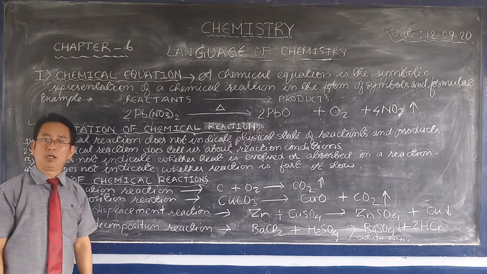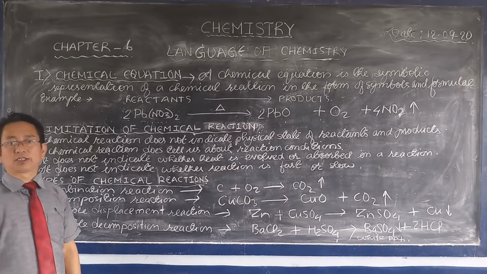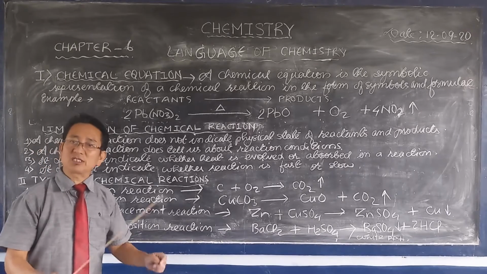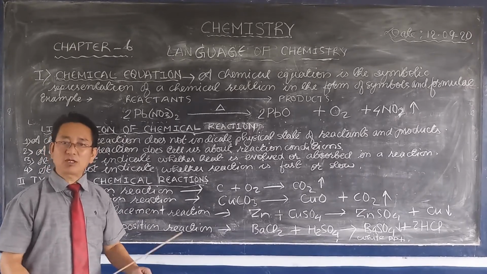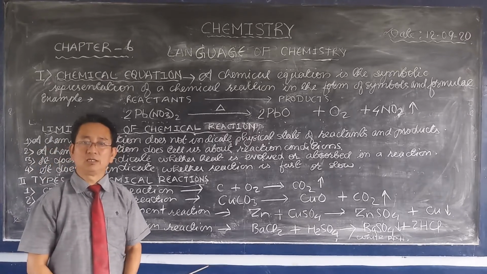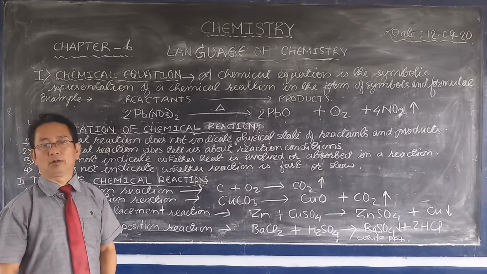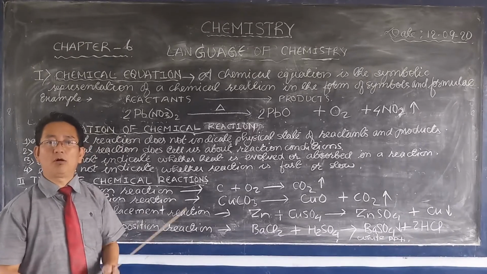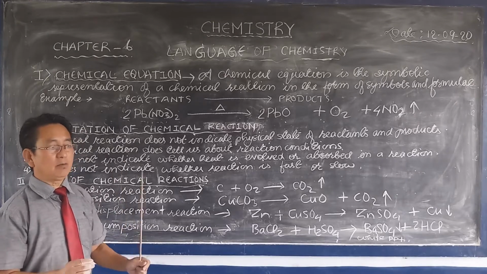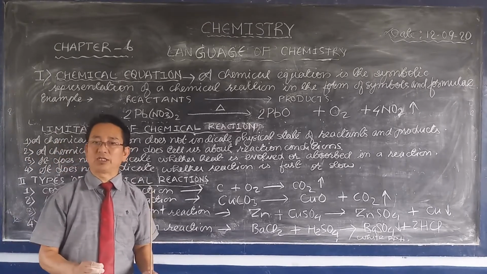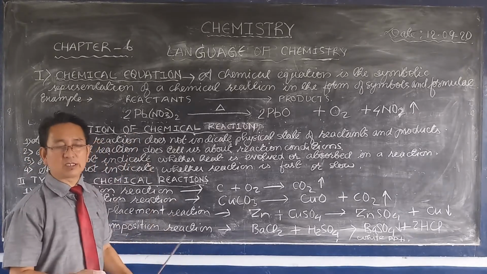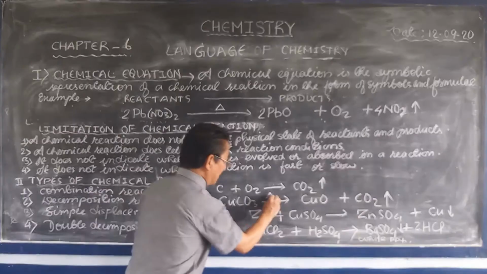Decomposition reaction. What is a decomposition reaction? It is a chemical reaction in which a single substance breaks up or decomposes into 2 or more simple substances by the action of heat, in the presence of sunlight, or by the passage of electric current.